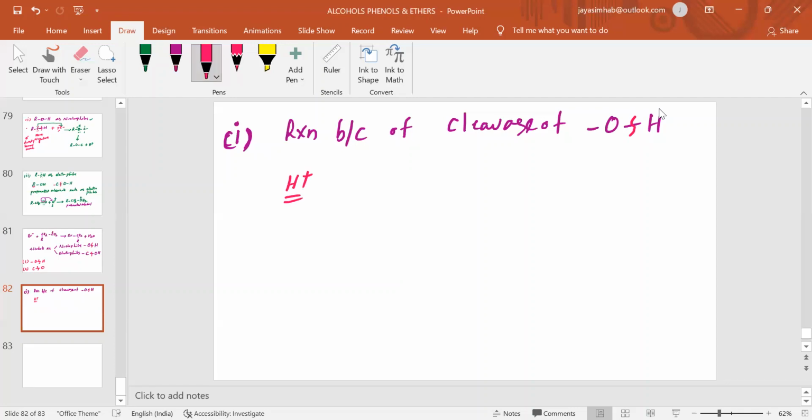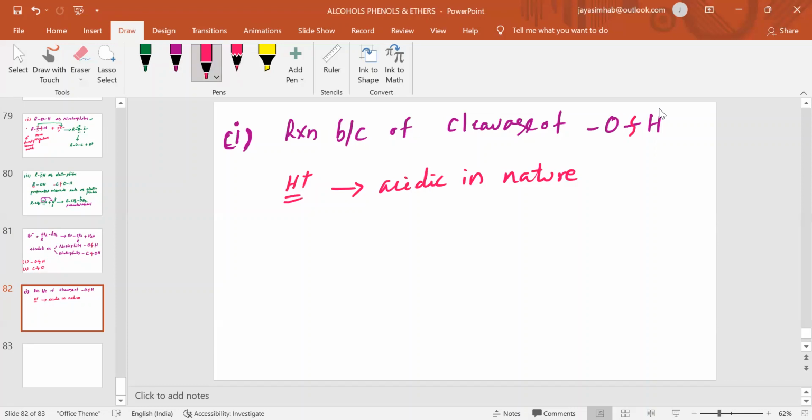So any chemical species which releases H plus ion will generally be called acidic in nature, right? Understand? So that will be called an acid. So automatically, cleavage of the OH bond refers to the acidity of alcohols, as well as phenols also.